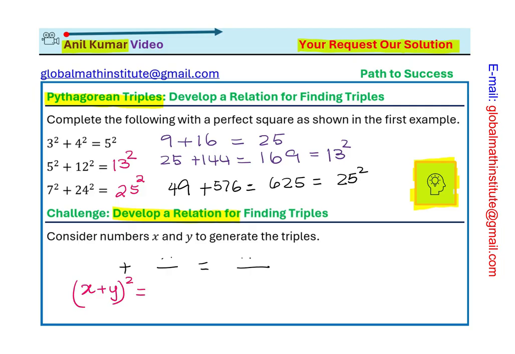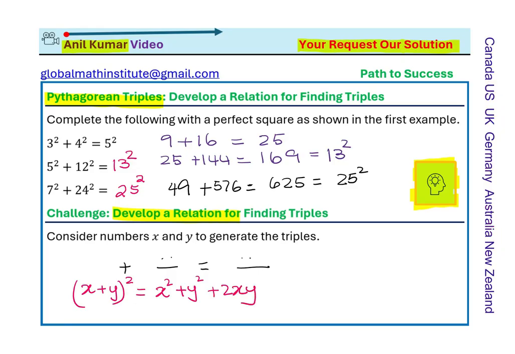Well, x square plus y square plus 2xy, right? Normally we write 2xy in the middle, but I kind of change their position. Similarly, x minus y whole square is actually x square plus y square minus 2xy.